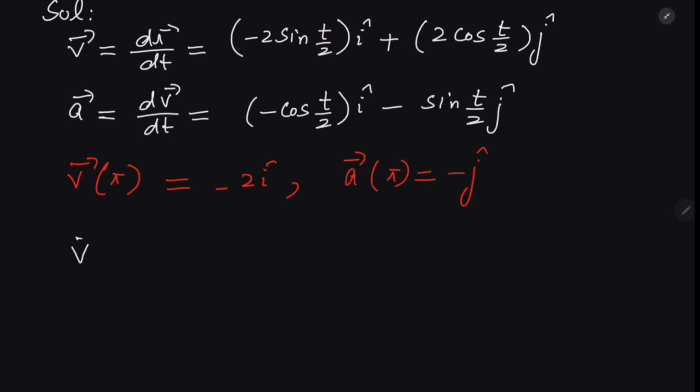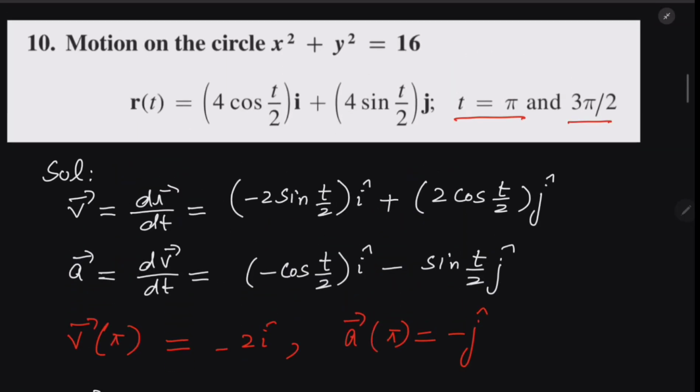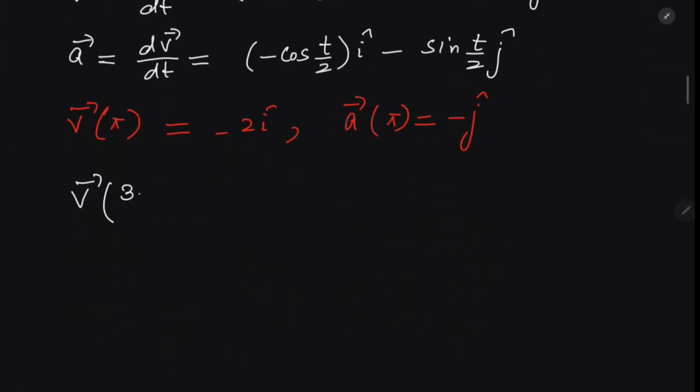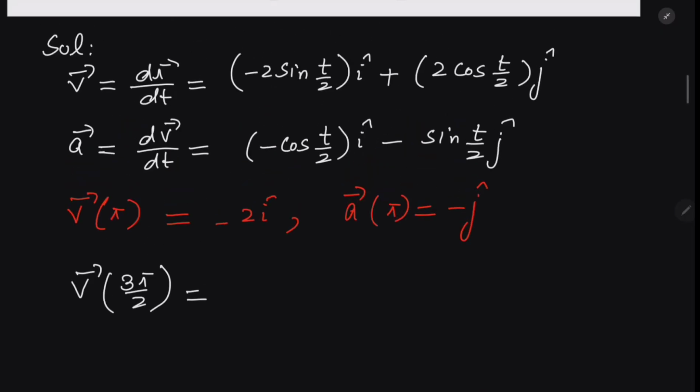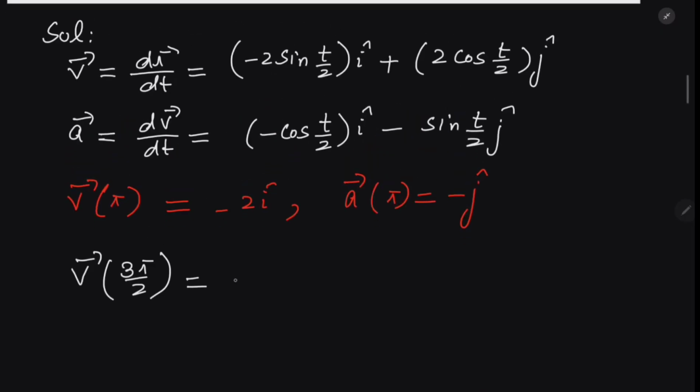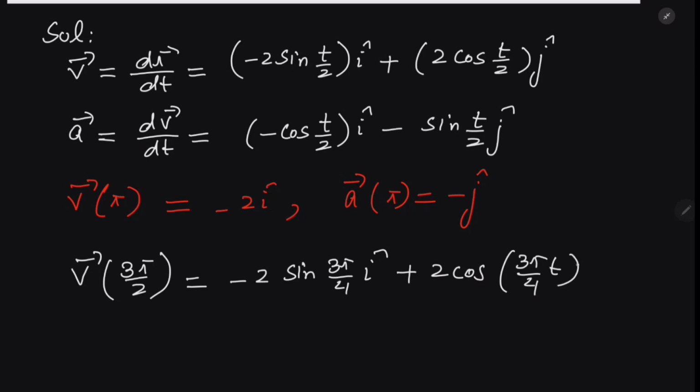And also velocity at 3 pi by 2. So that is minus 2 sine 3 pi by 4 i plus 2 cos 3 pi by 4 j.